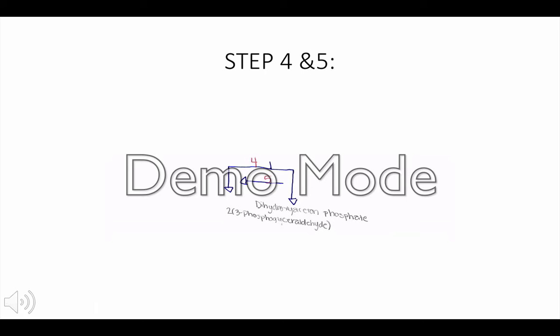As a result, all of the DHAP molecules produced are further acted on by the enzyme triose phosphate isomerase, which converts the DHAP into GAP so it can continue into glycolysis. At this point in the glycolytic pathway, we have 2 three-carbon molecules, but have not yet fully converted glucose into pyruvate.